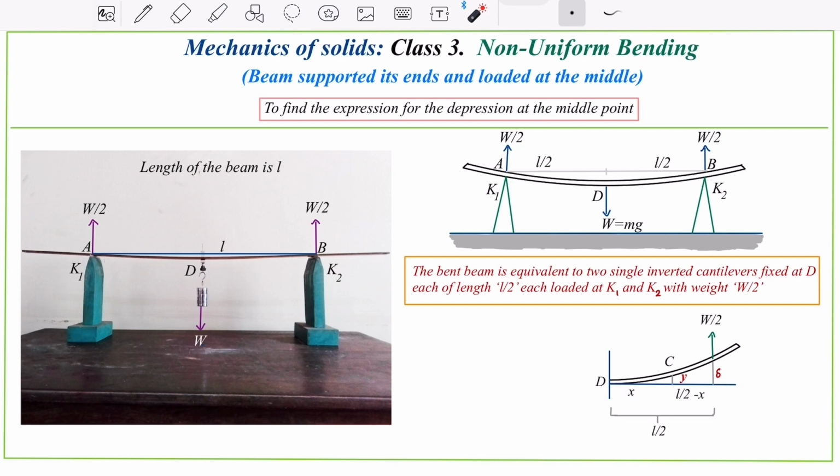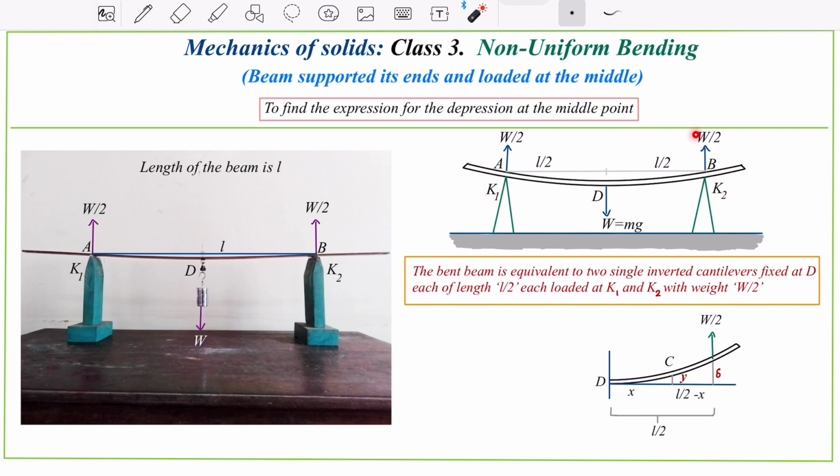So we can say that this non-uniform bending is equivalent to two single inverted cantilevers fixed at D, each cantilever having length L by 2 and loaded at the knife edge with weight W by 2.